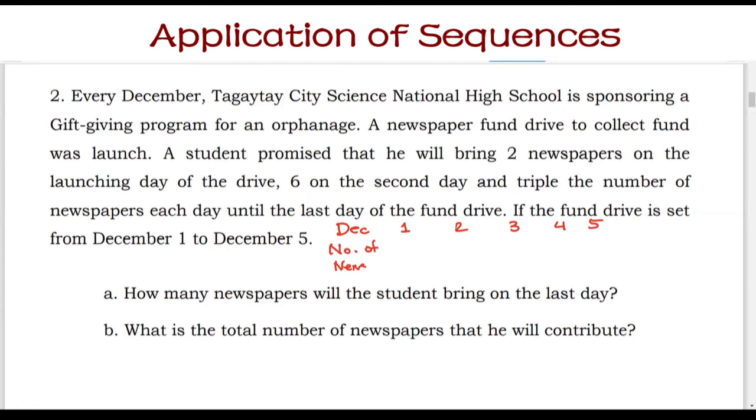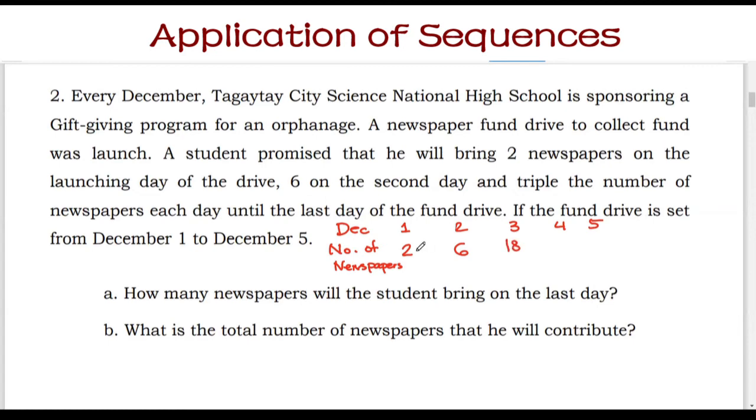So, sa unang araw, sa launching day, ilan ang dadali ni student? 2. Tapos, sa pangalawang araw, 6 daw. So, tama naman, no? 2 times 3, 6. So, yung 6, i-multiply din natin sa 3 at ang makukuha natin, 18.